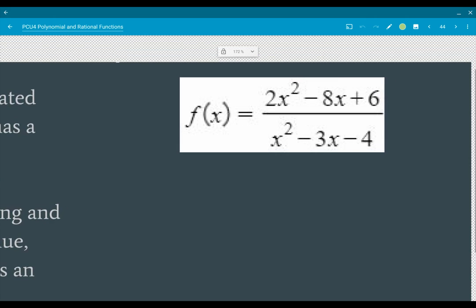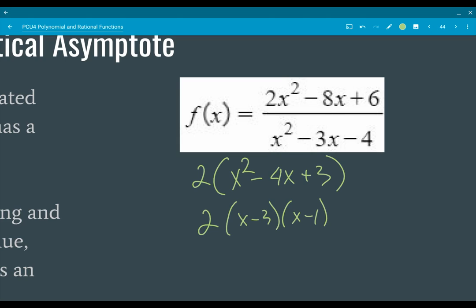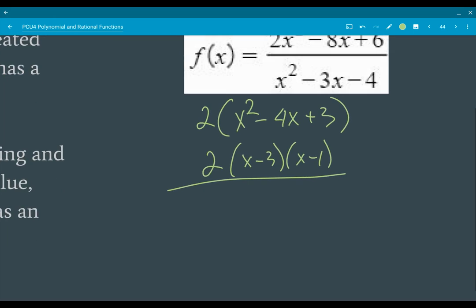So if we look at this one quickly, we can factor out the 2. We end up with x squared minus 4x plus 3. So this factors into 2x minus 3, x minus 1. And then that's all divided by x minus 4, x plus 1.